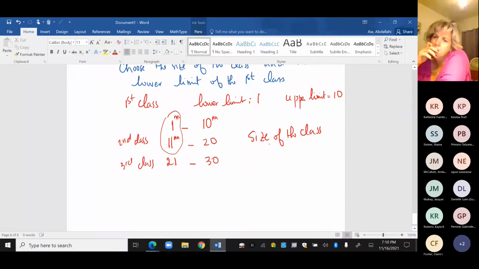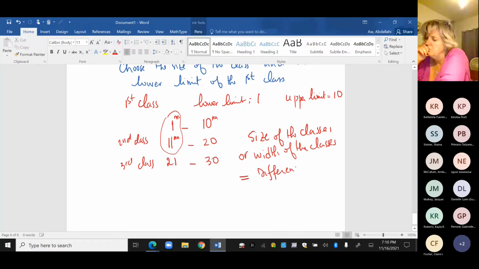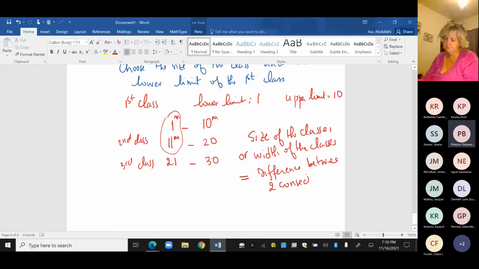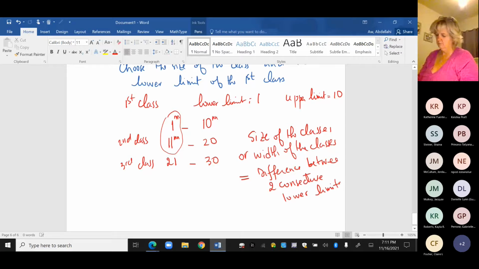The size of the class, or the width of the class, is equal to the difference between 2 consecutive lower limits, or the difference of 2 consecutive upper limits.